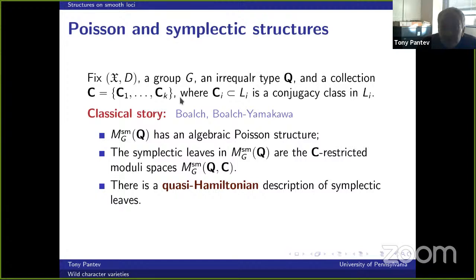And the symplectic leaves in that algebraic Poisson variety are the restricted wild character varieties, the ones that you get by fixing the formal monodromies.